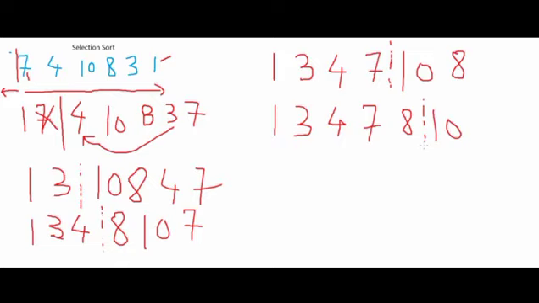So now again, this was the given array, right? 7, 4, 10, 8, 3, 1. We divided it into the two subarray lists. In case of selection sort, we took the sorted subarray list as empty, and in the unsorted subarray list we placed the rest of the elements, right?